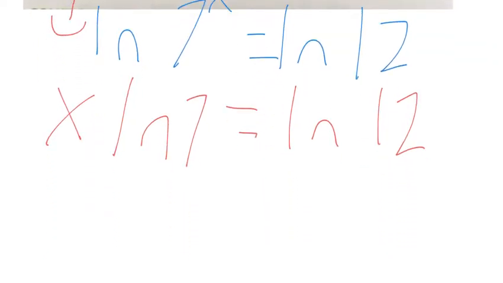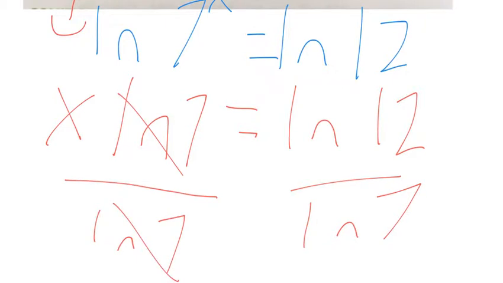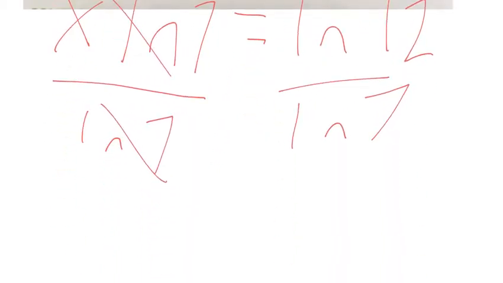Now, to solve for x, you have to divide both sides by natural log of 7. So x is equal to ln of 12 divided by ln of 7.